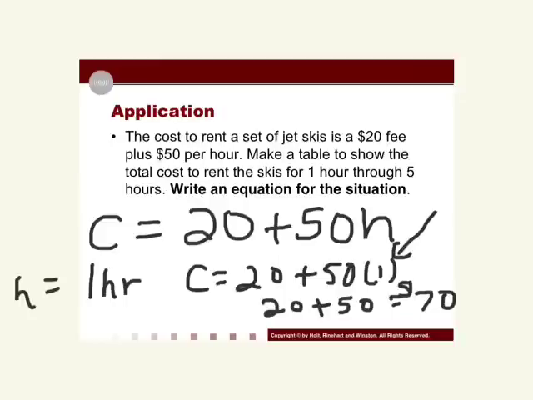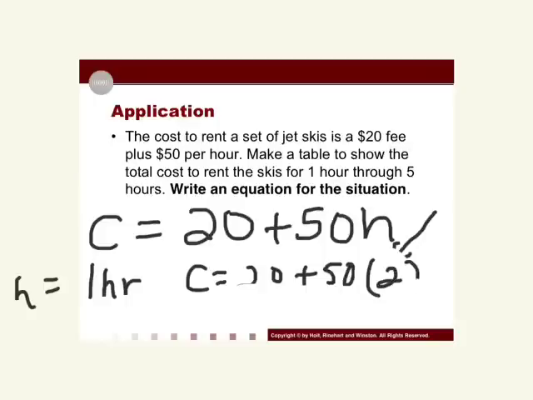So instead of plugging 1 in, we now are simply going to plug in 2. So it's still the initial fee of $20 plus $50 per hour. So now it's 20 plus 100 is $120 for 2 hours. And we could go ahead and go through this whole situation all the way up through 5 hours.